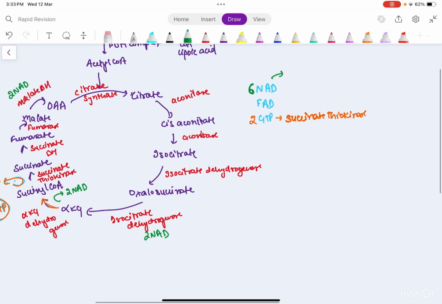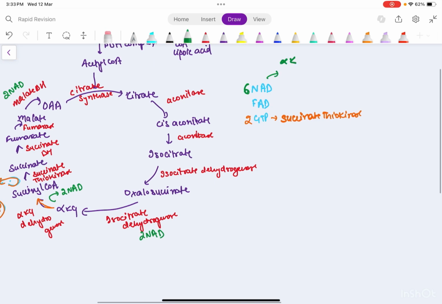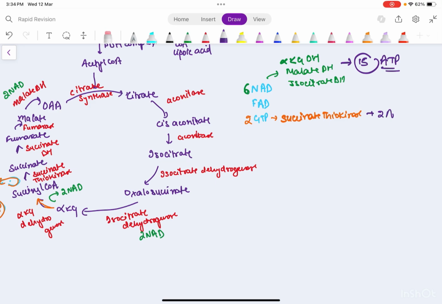So we get them through the alpha ketoglutarate dehydrogenase, then malate dehydrogenase, and isocitrate dehydrogenase. So 6 into 2.5, this forms 15 ATP. Then this is 2 ATP.